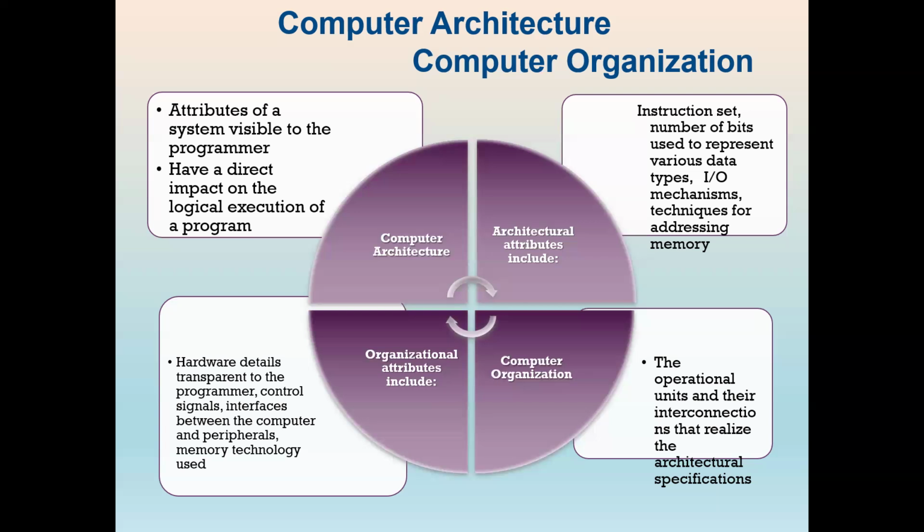For example, it is an architectural design issue whether a computer will have a multiply instruction. It is an organizational issue whether that instruction will be implemented by a special multiply unit or by a mechanism that makes repeated use of the add unit of the system.